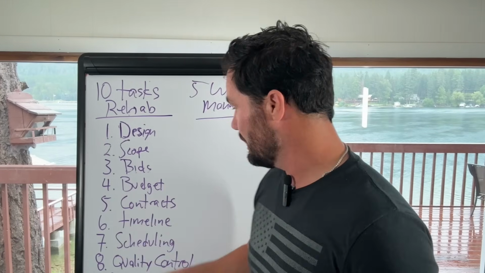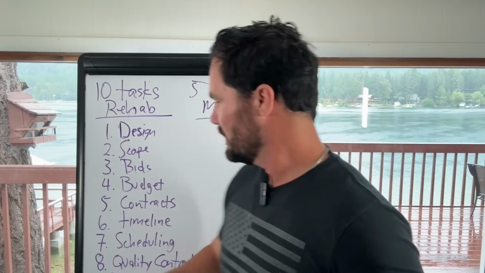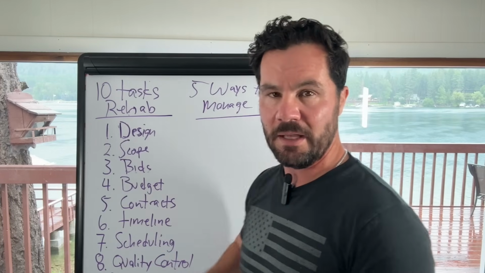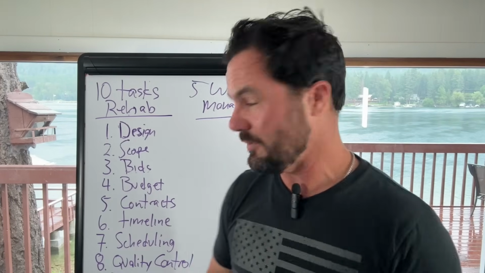So if I've got in my timeline that the electrician comes in 2 weeks and there's a 1-day delay and he needs to start in 2 weeks and 1 day, I need to keep him totally on board with his schedule. If I don't, then he's going to be busy, and then when I need him, he's not there, and it throws off the rest of the project. So managing and scheduling that timeline is huge to have a successful project.